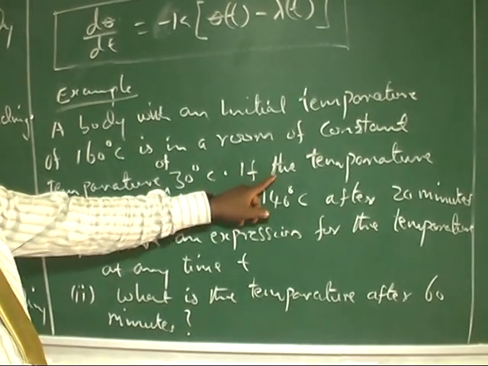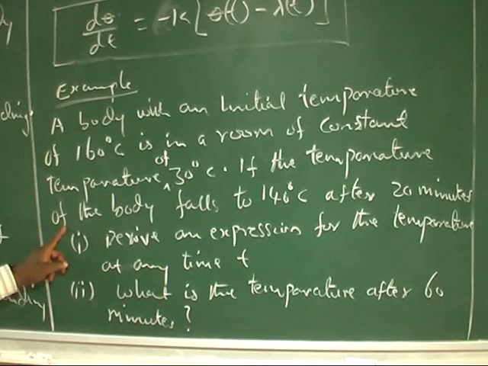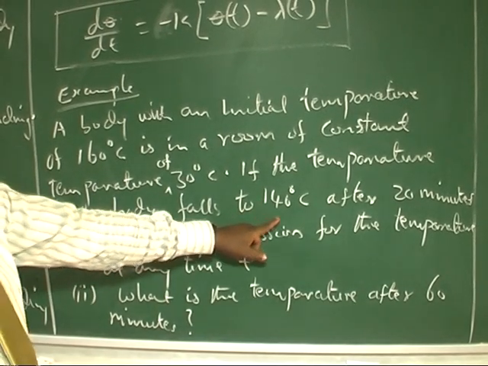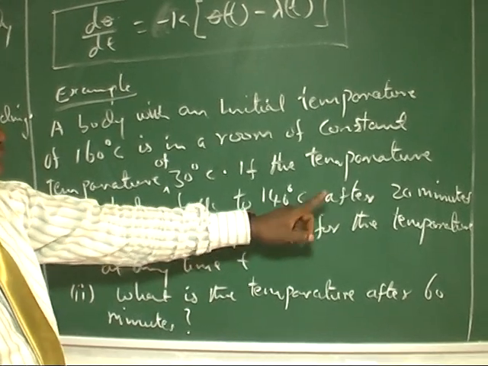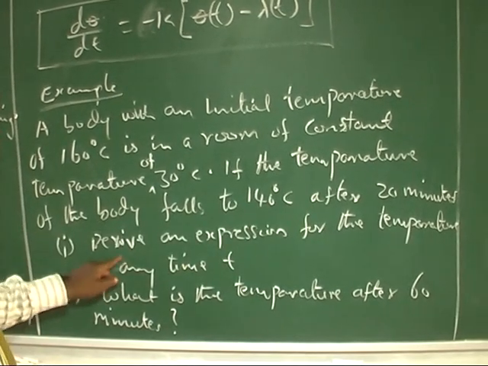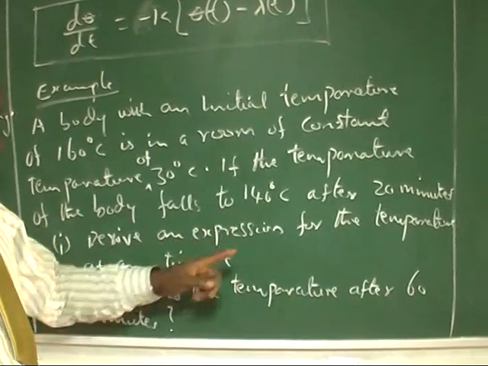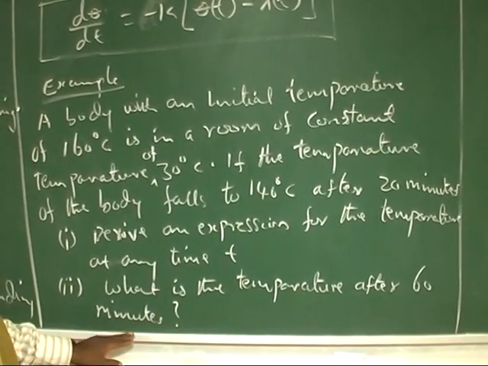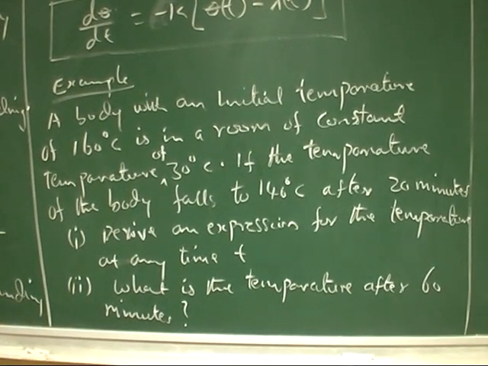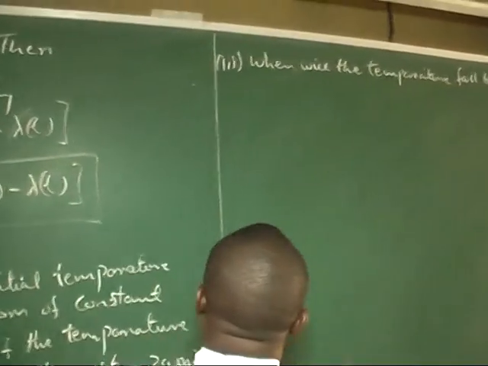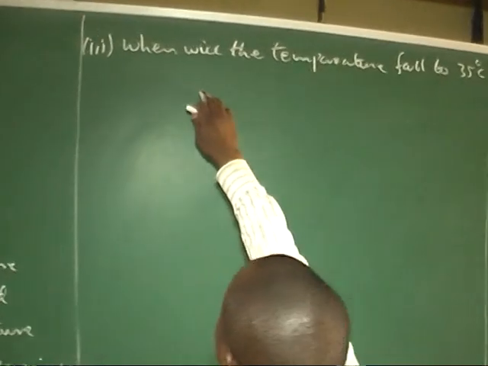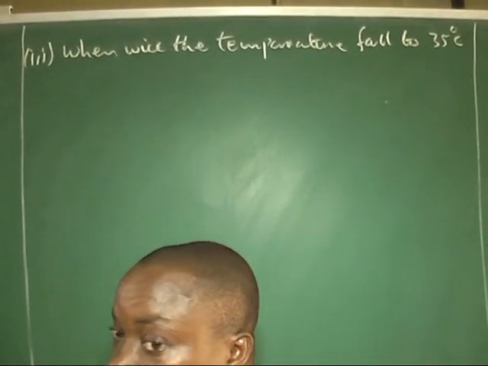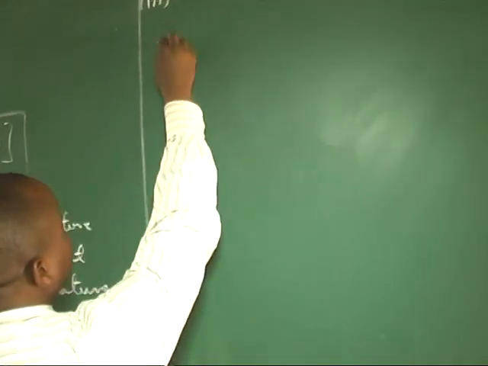If the temperature of the body falls to 140 degrees after 20 minutes, derive an expression for the temperature at any time t. What is the temperature after 60 minutes? Alright. Now, number 3 is, when will the temperature fall to 35 degrees Celsius? So let's look at the solution.